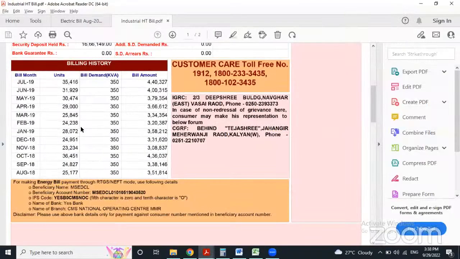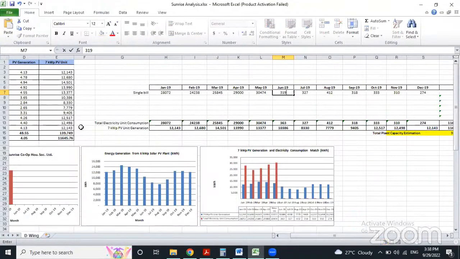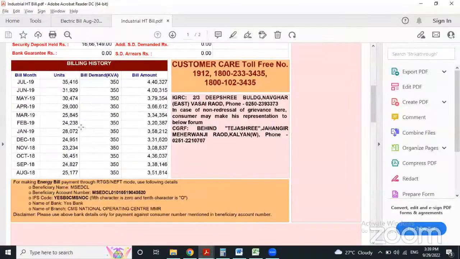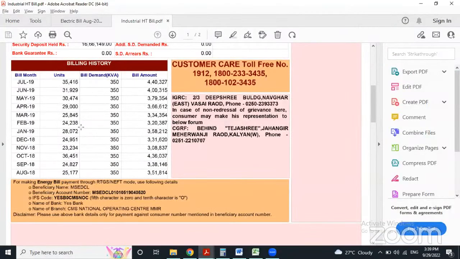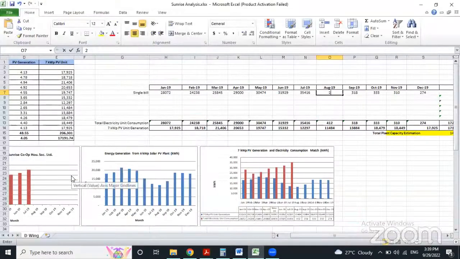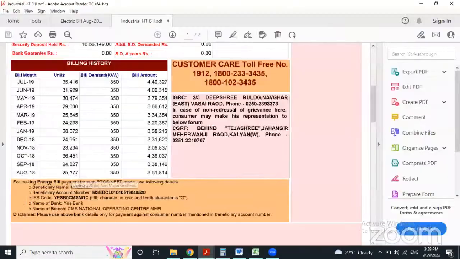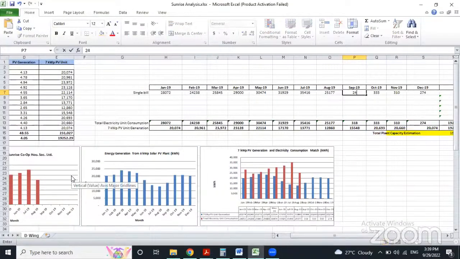Then June 31929. July is 35416. August is 25177. September is 24827.